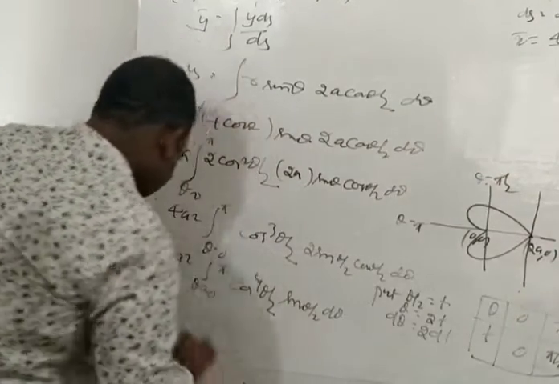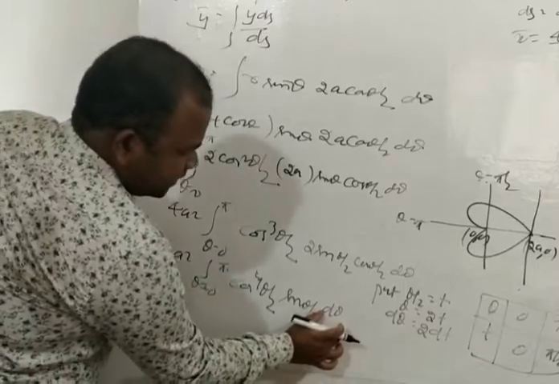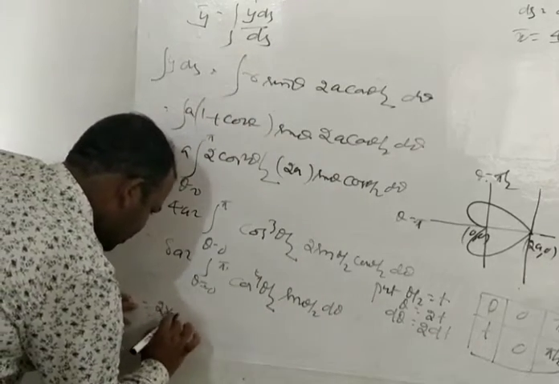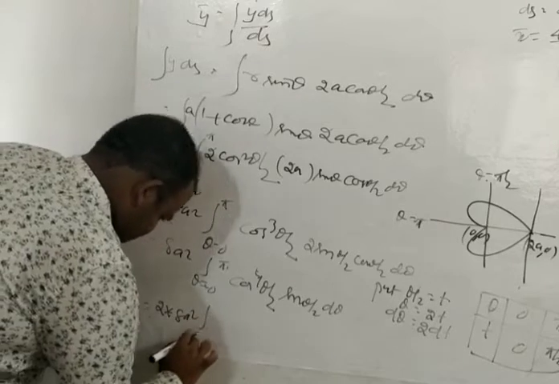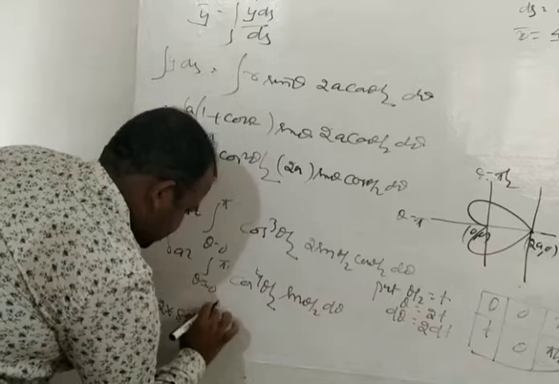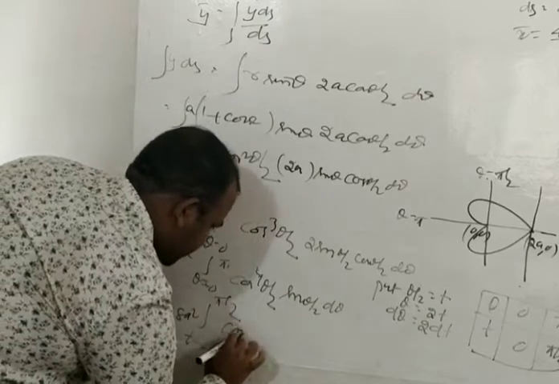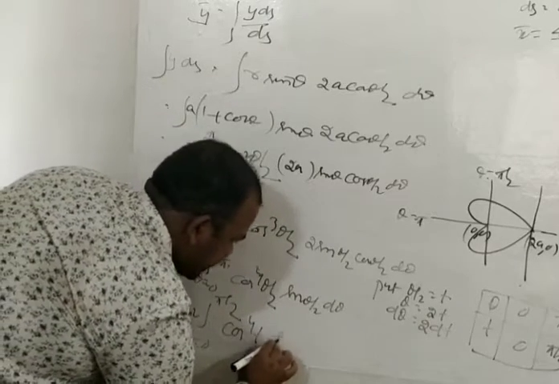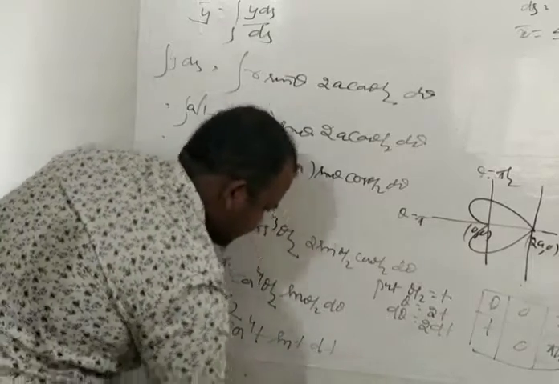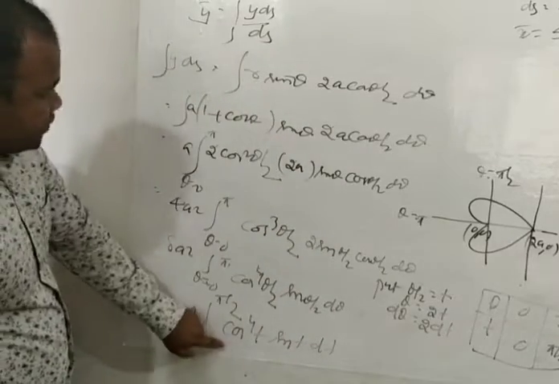So now d theta is 2 into dt, so this is 2 into 8a square, t from 0 to pi by 2, cos raised to 4t and sin t dt. Now you will use the reduction formula.